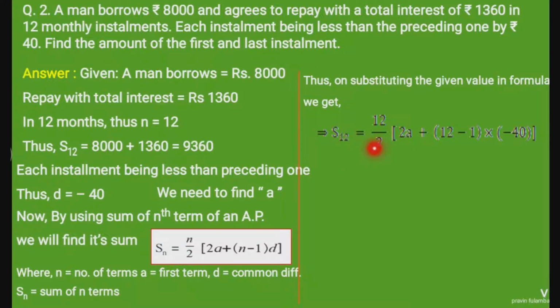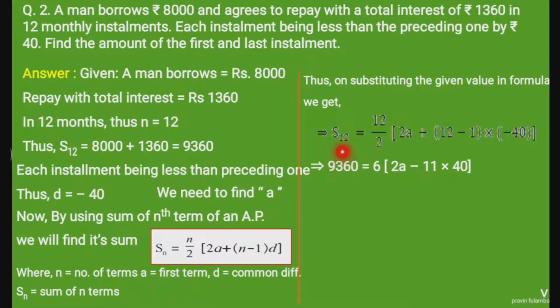So S12 equals n by 2, that is 12 by 2, twice A. Here the value of A we have to find, so we write twice A as it is. Then n minus 1, so the value of n we replace by 12, so 12 minus 1, and D is minus 40.